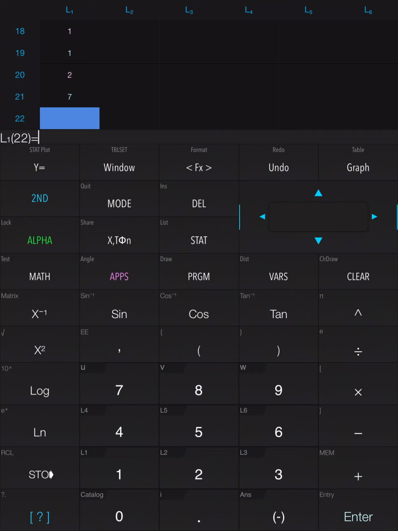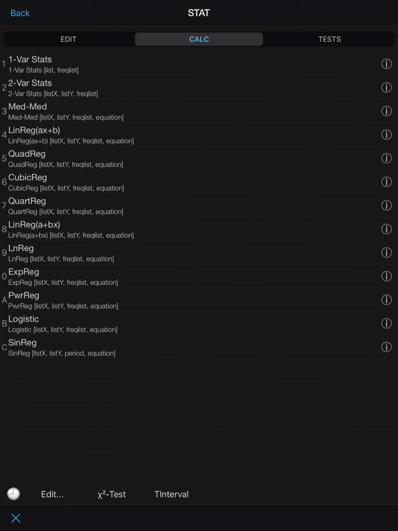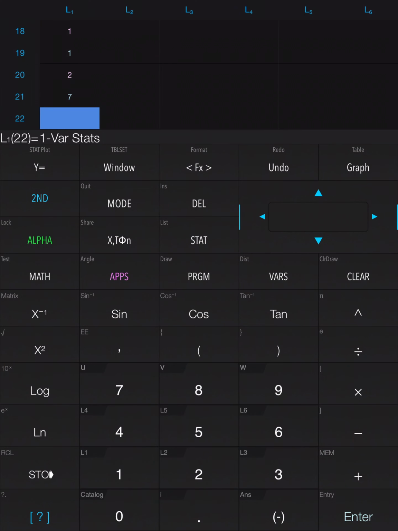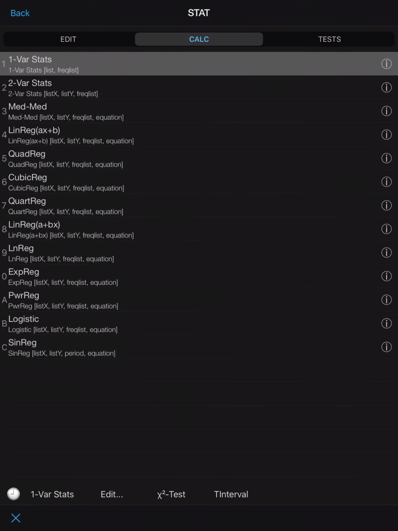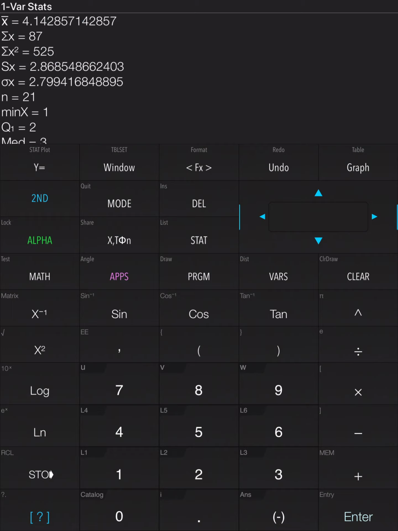Okay, so I've entered all of those values in my list. I go back to Stat, Calc, and then one var summary. Actually, let me clear that out. So Stat, Calc, one var stats, calculate. Then I see my x bar here is 4.14, so that's going to be my sample mean. And since this was a sample, not the population, we would use s for our standard deviation.